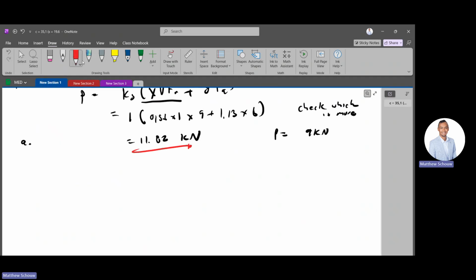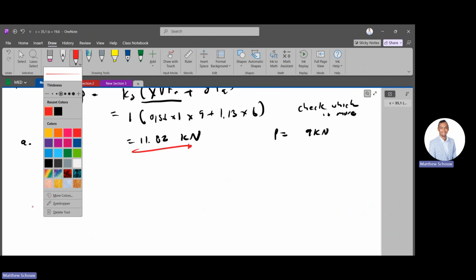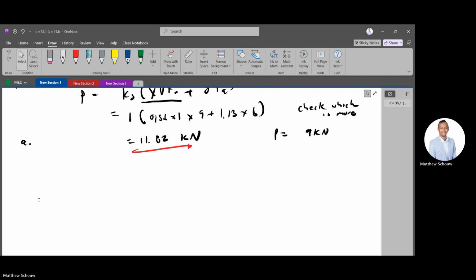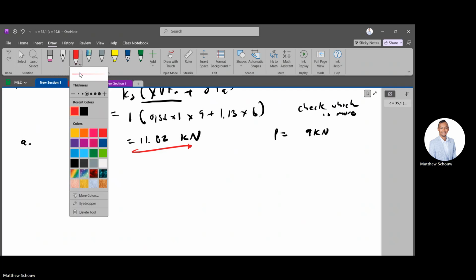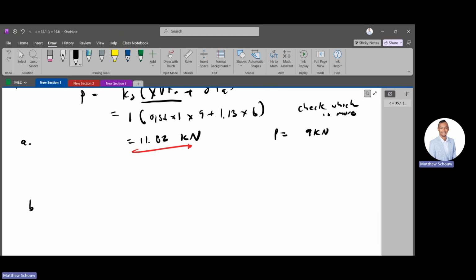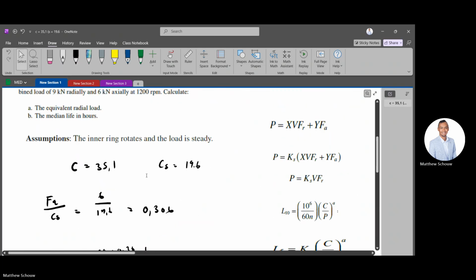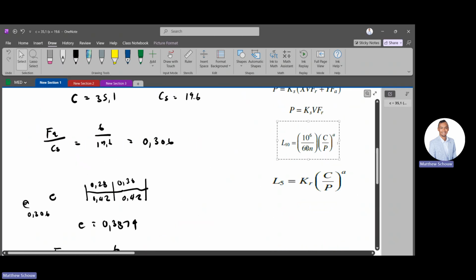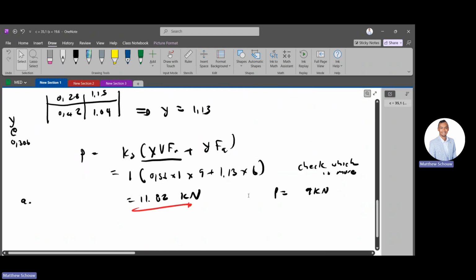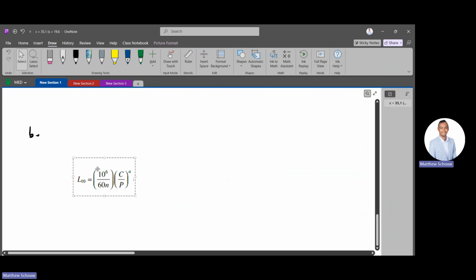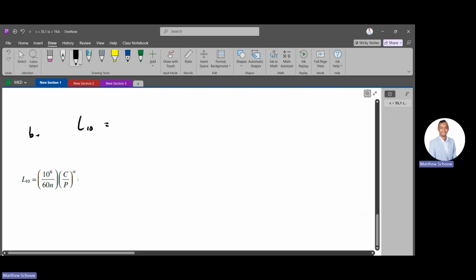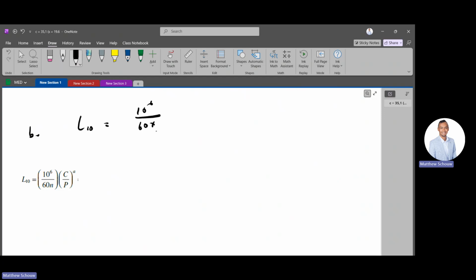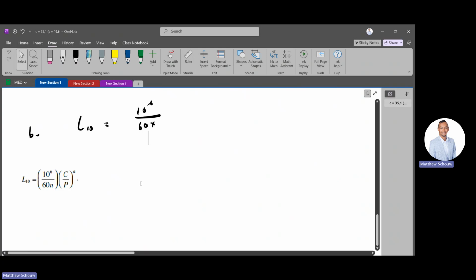And then now we're at B, we're going to do the life. Life is given by that formula. Again, we must be conscious that depending on the reliability, which in this case they didn't really mention, there's 10 to the power 6, then 60 times the rotational speed.